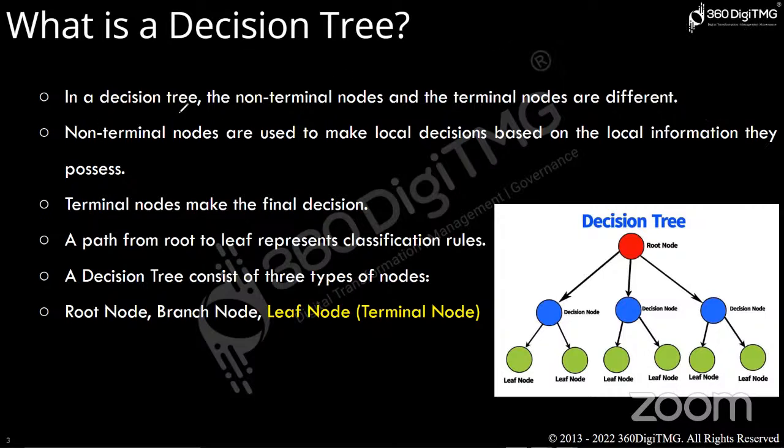So now in a decision tree, there are terminal nodes and there are non-terminal nodes. Under non-terminal nodes, we are having two types of nodes. One is root node, another is branch. Terminal nodes are also known as leaf nodes.